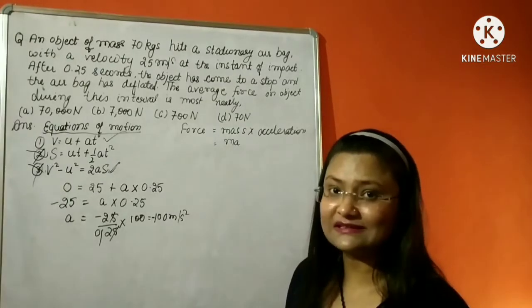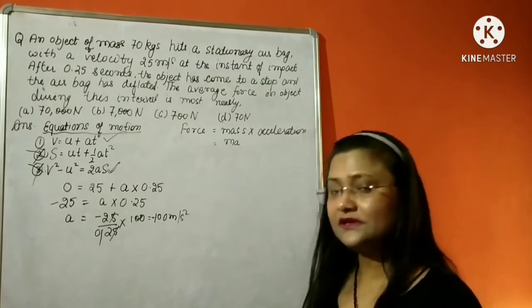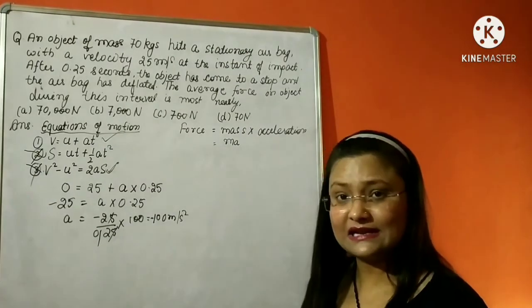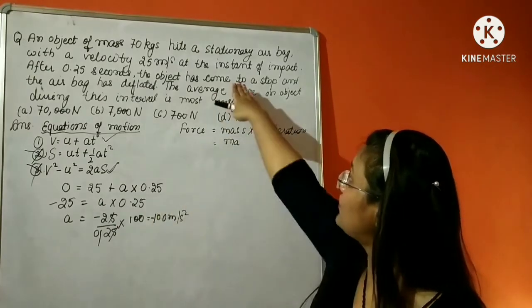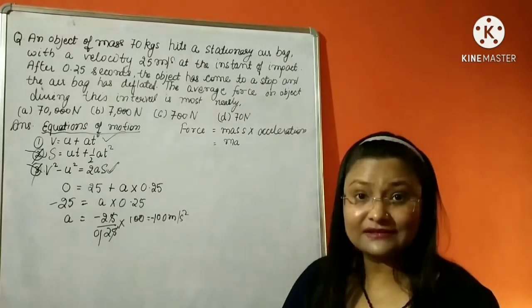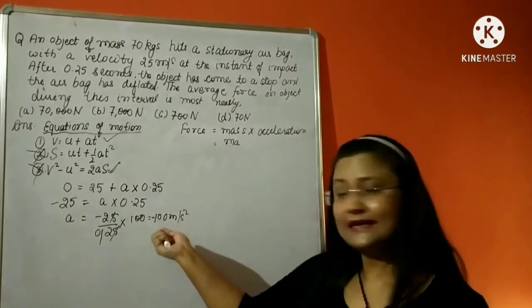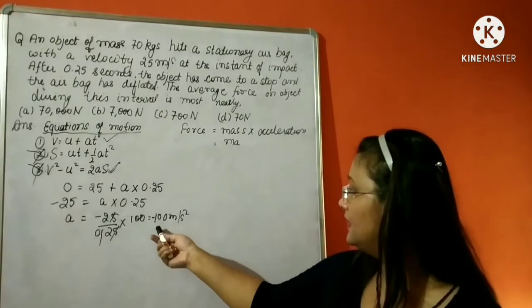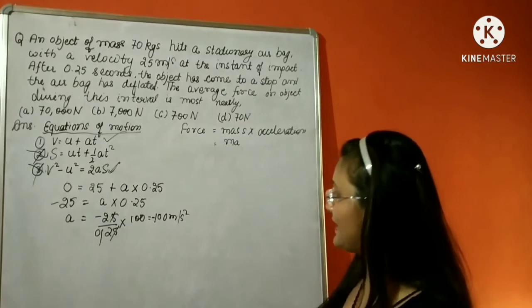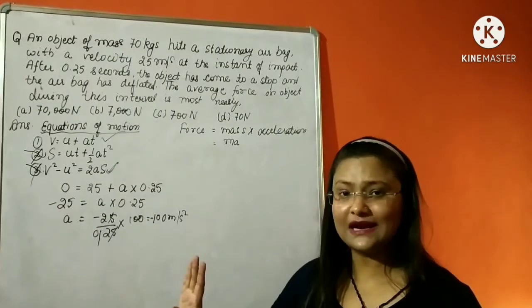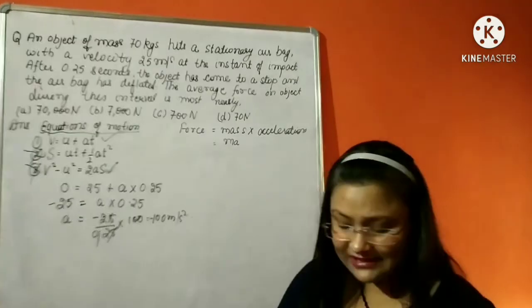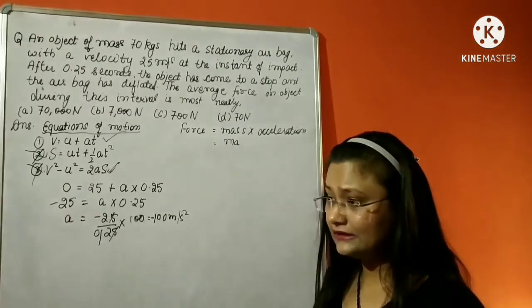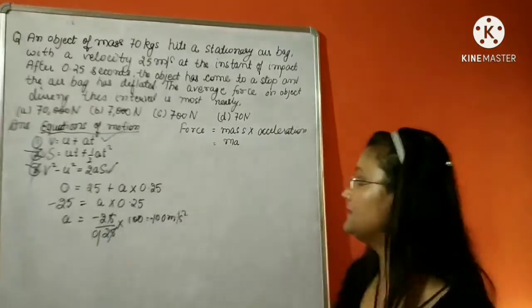So now it is the opposite of acceleration, which is known as deceleration or retardation. Since the object has come to rest, this is deceleration. So it is minus 100 meters per second squared. The minus sign only shows that it is negative acceleration. Negative acceleration, deceleration and retardation are all the same thing.